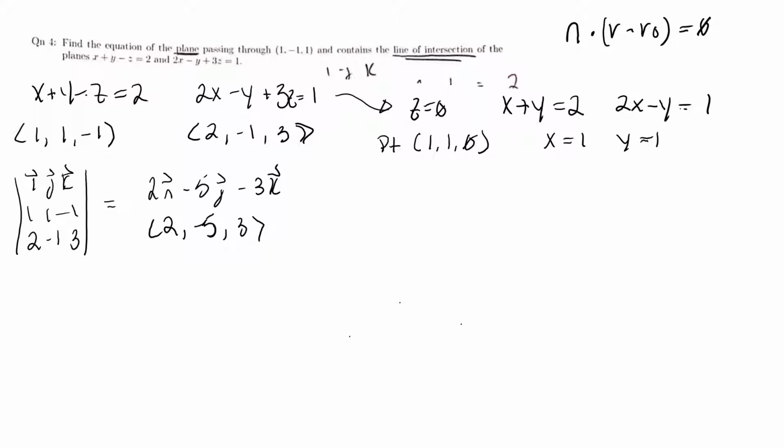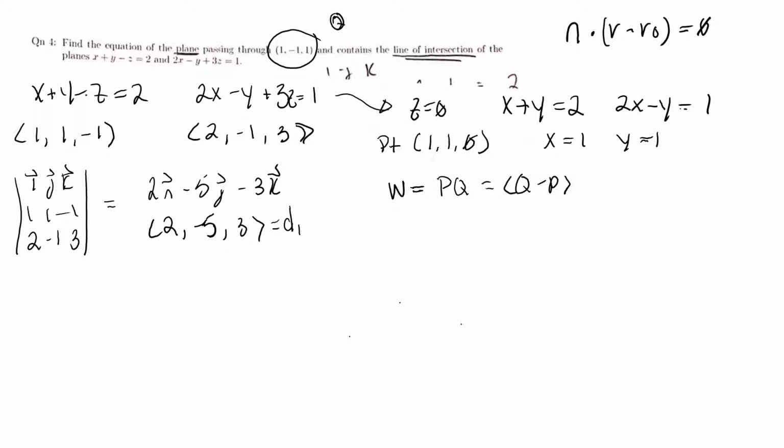So now we were given the point (1, -1, 1). We can find the vector between those two points. Call this point P and this point Q, which is simply P minus Q. We'll call this one the first directional, and this can be the second directional.